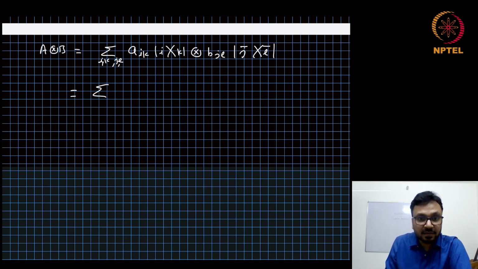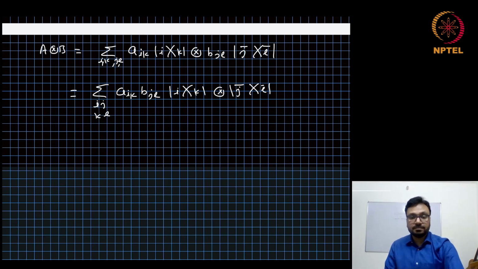We can reorganize the symbols i, j, k, l, a_ik, b_jl. They are scalars. They come out on one side. We have |i⟩⟨k| tensor |j⟩⟨l|.